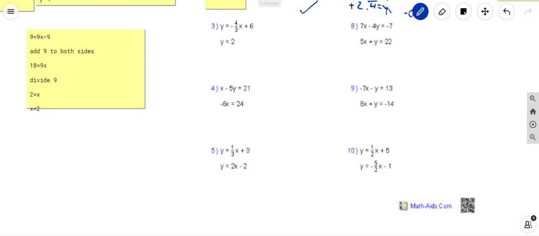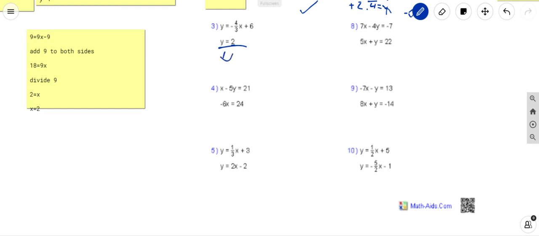There'll be different solutions, and sometimes it won't have a solution. But yeah, so for this one, we know what y is. y is 2. Just write it down here.